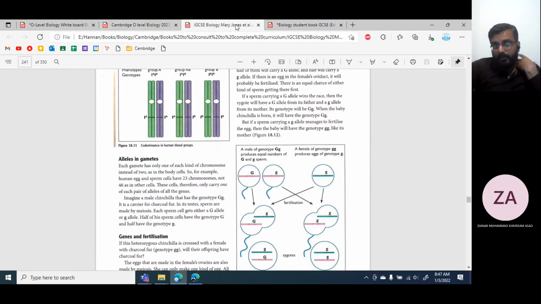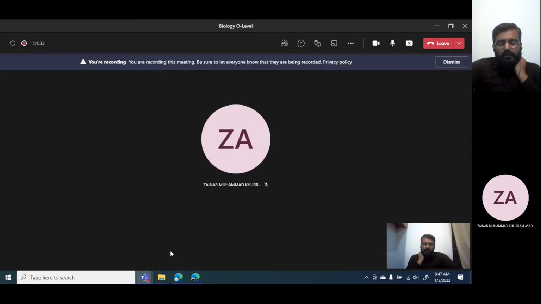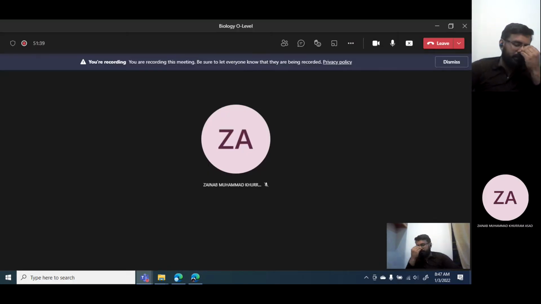Let me be very clear about this, because there is a small confusion here in the syllabi. The students who are going to appear in 2021 have an entirely different syllabus and curriculum.